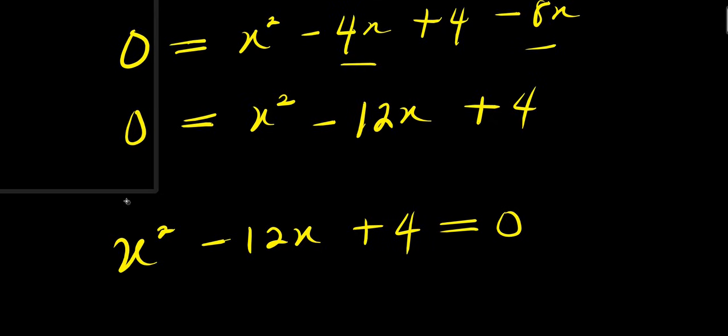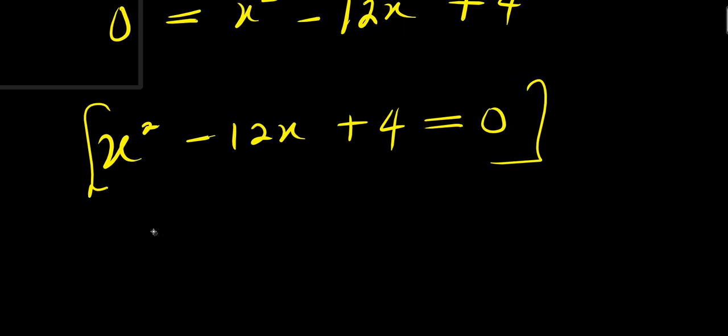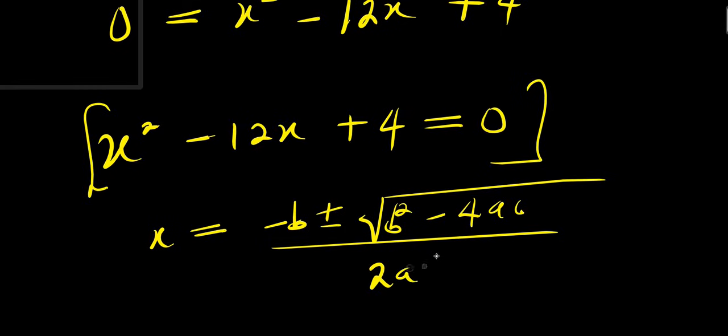So to solve this quadratic equation, you can apply the formula method. So we write the formula x equals negative b plus or minus square root of b squared minus 4ac divided by 2a.